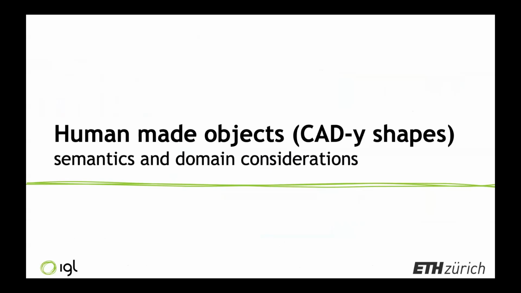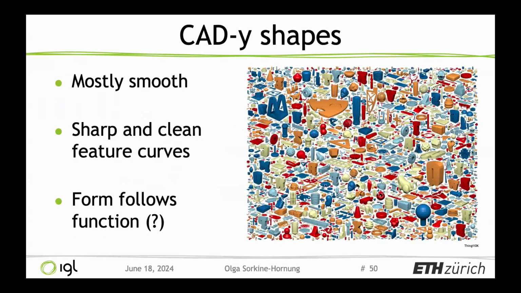I think they're also quite important for computer vision algorithms to understand the world around us. And also those are objects that we use and are surrounded by in daily life. So what are these CAD or human-made shapes?